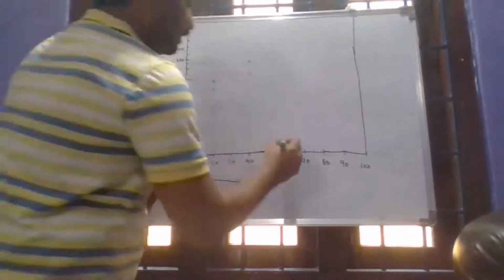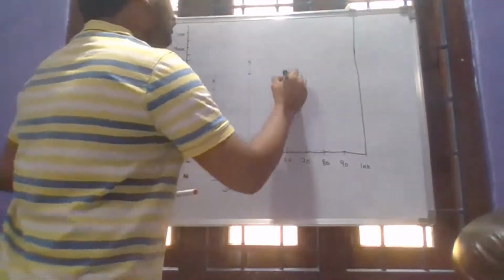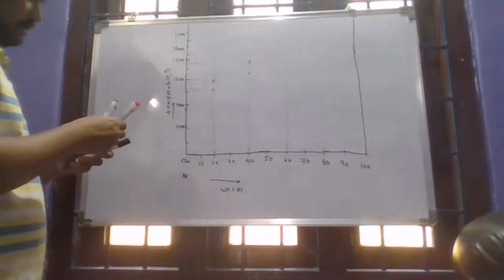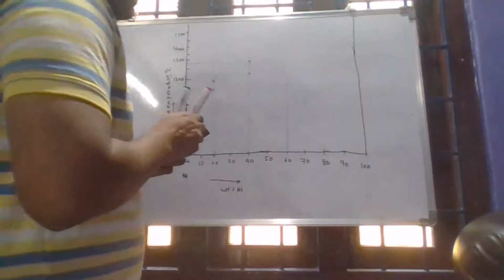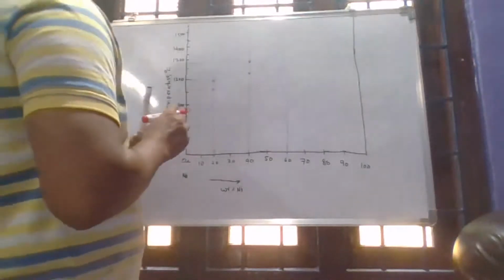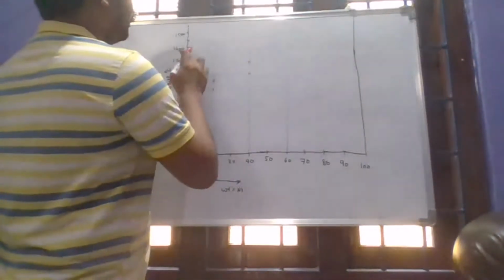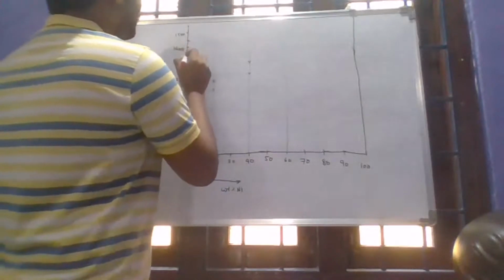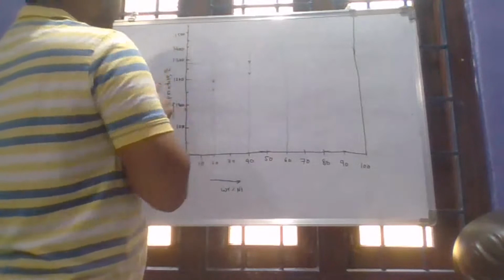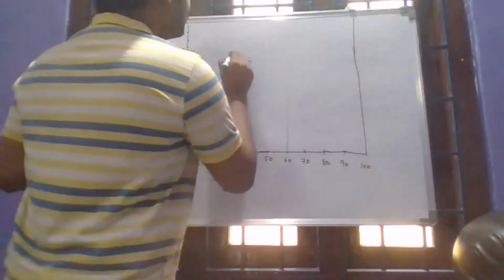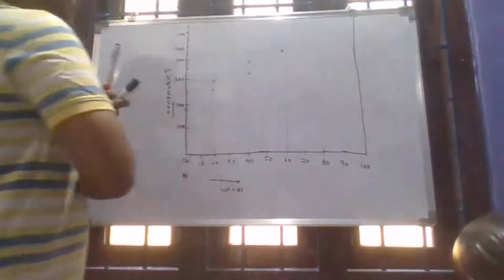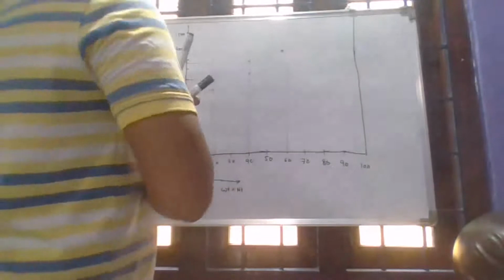Similarly, for 60% nickel, the liquidus temperature is 1345. So I can take this point just below 1350, 1345, as our liquidus temperature, and the solidus is at 1310.